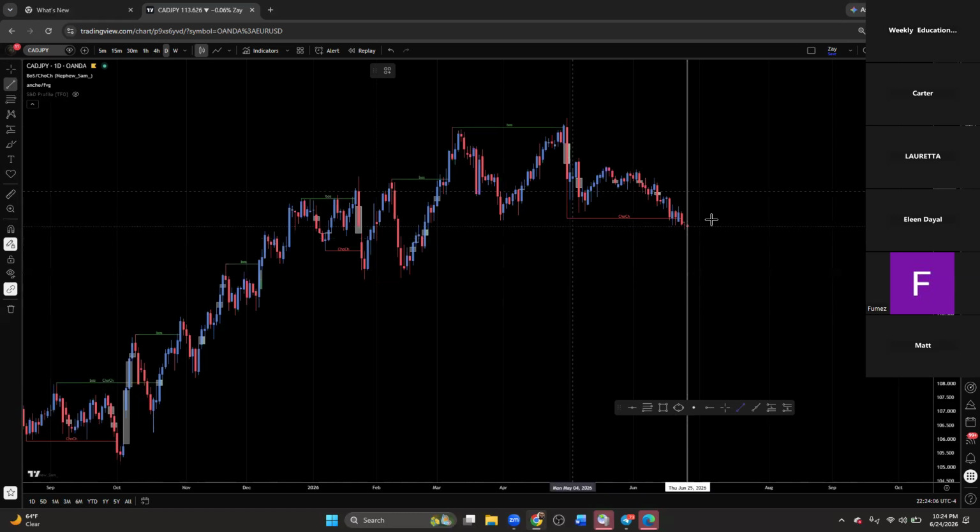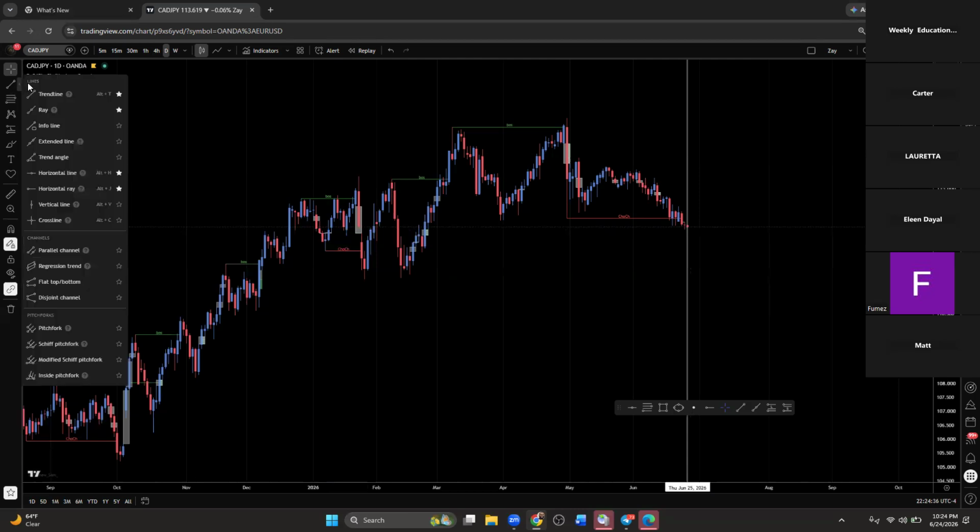Yeah. Okay, perfect. So if I'm looking at this chart from where I'm currently at, I'm going to focus on the highest point that I see in the market and the very lowest point that I see. I'm going to use this horizontal line.